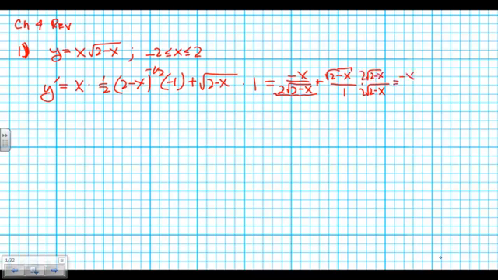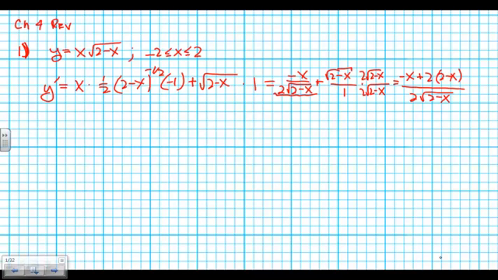And I get negative x plus 2 times the quantity 2 minus x, because the 2 roots cancel out on the top. And then on the bottom, I have 2 root 2 minus x. We're going to recognize, by the way, that when x is 2, the denominator is 0. That would also be a critical point, but it also ends up being an endpoint. So I'm not too worried about that.